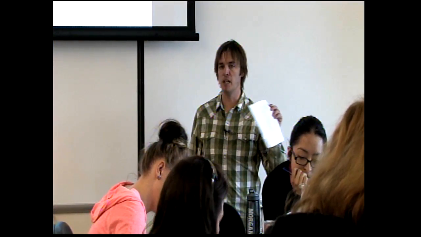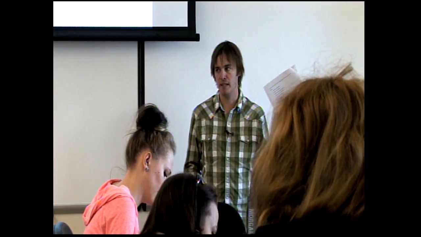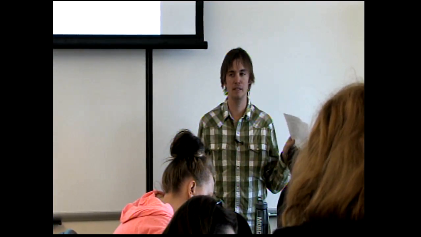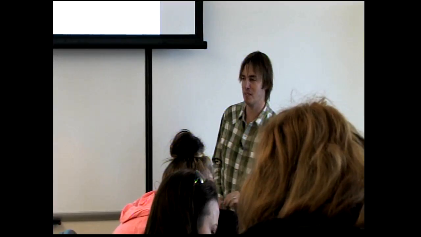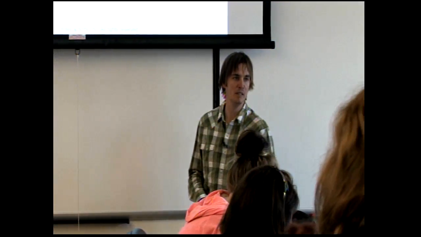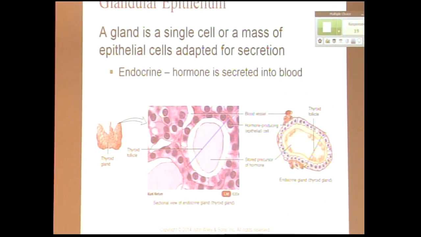So y'all got all those? On the test on Monday, that would be like a short answer question. As long as you can tell me two places you find each of these and two functions for each one, you're fine. So it's some stuff to memorize, for sure. All right, so let's go ahead and move on.